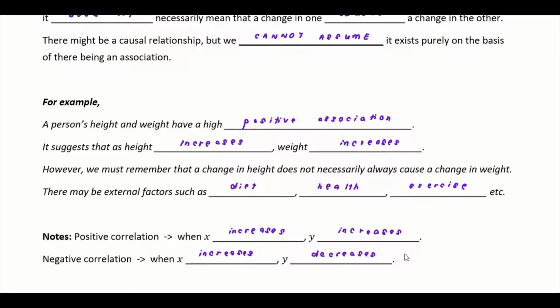Okay, so now we are going to look at some possible explanations for why an association is observed there. Because we know that association doesn't imply causation, right? So what are some of the possible explanations that we can give in those situations?